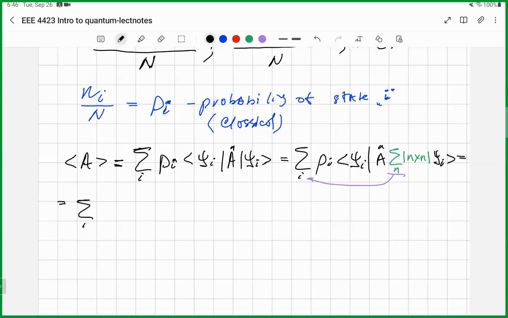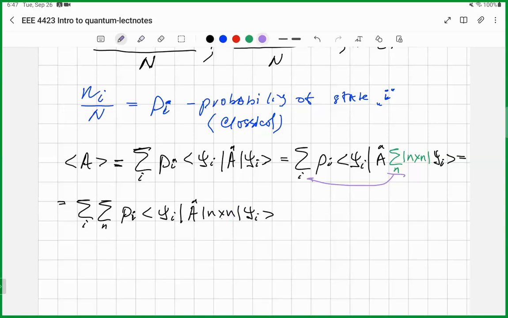It's going to be the sum over i, the sum over n, p_i, then ⟨ψ_i|A|n⟩⟨n|ψ_i⟩ state.